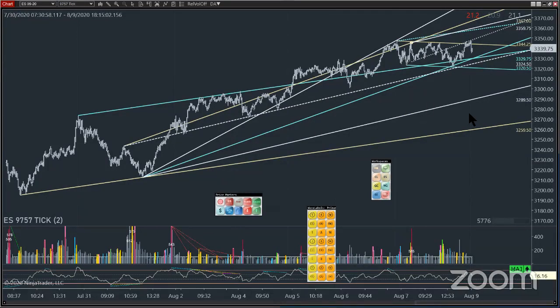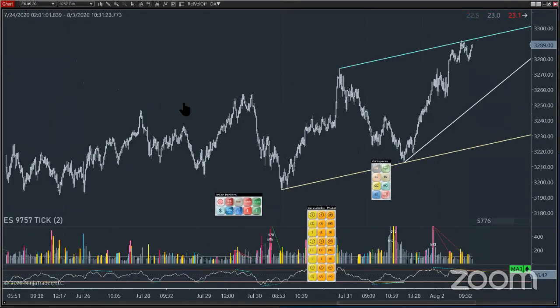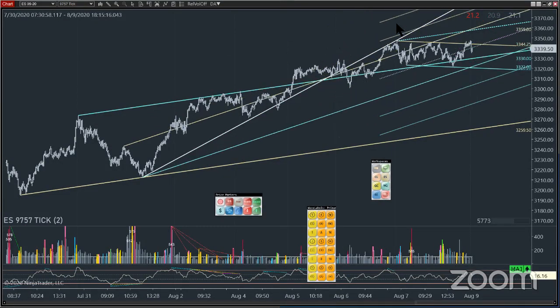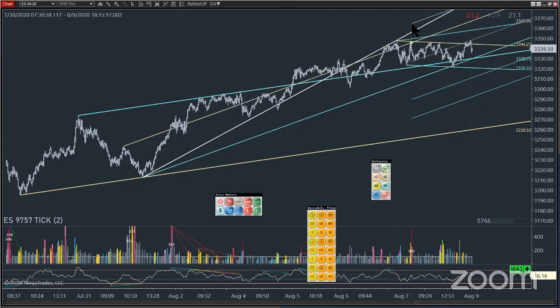That's an interesting one to watch. I don't know why it does that sometimes. It gets sticky when you're trying to delete or undraw one. So that looks like maybe a truncated fifth or something, and then an expanded flat down with an ending diagonal C wave.